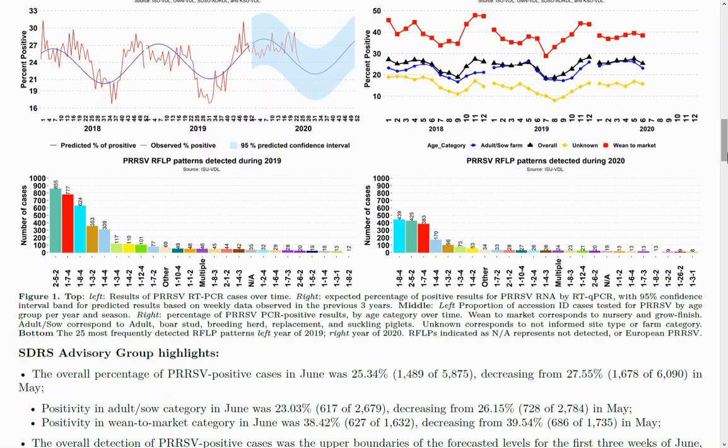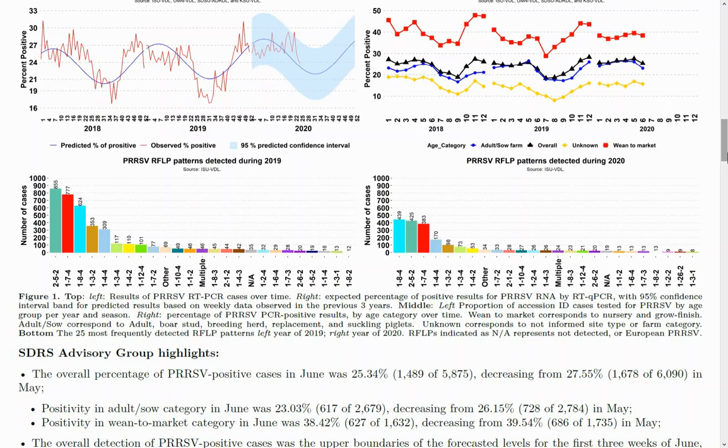We cannot forget that this is a wild-type strain, but most recently there was the introduction of a first MLV vaccine that has this RFLP type in its composition and has some contribution to the big change in 2020 detection.